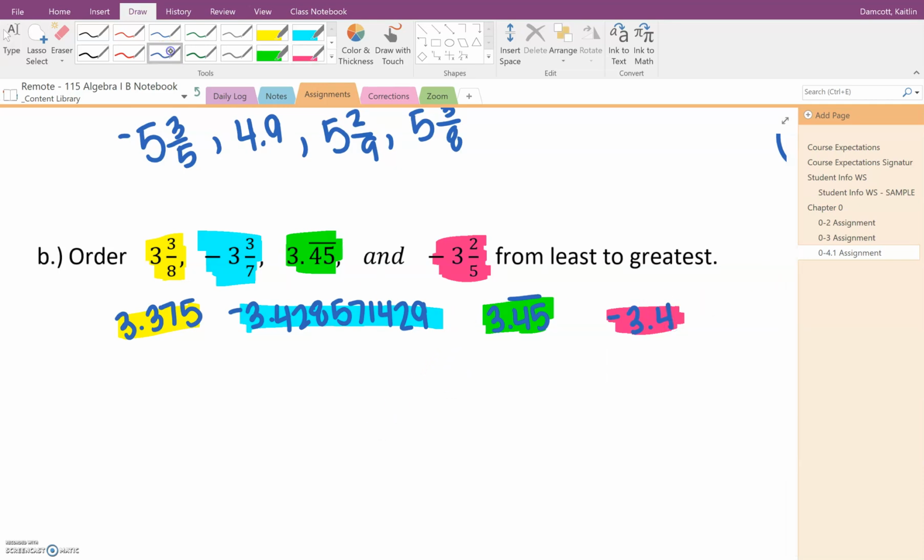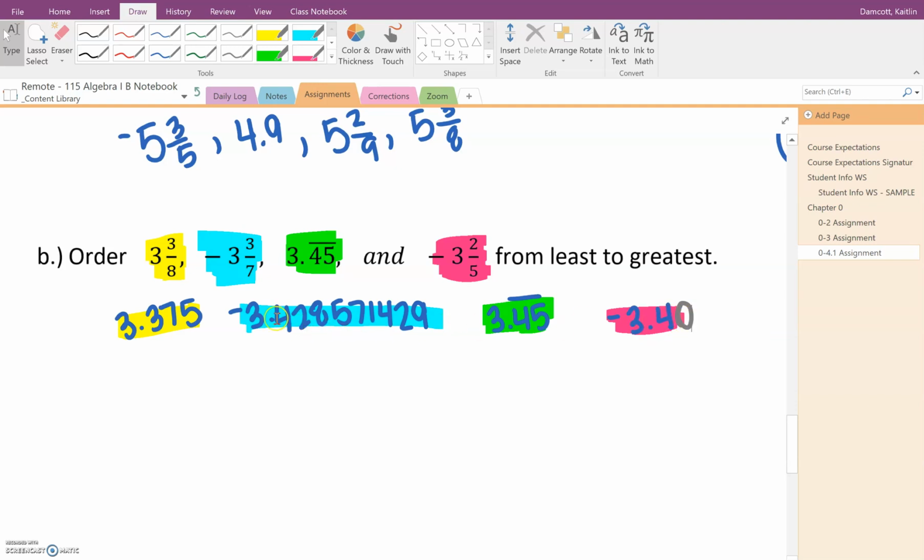Our next step is to rank. So we've got two negative numbers. We've got the -3.4 and the -3.42. Ugh, so the 3's are the same, the 4's are the same, so we have to go to the next place value, which is the hundredths place, but there's no number in the hundredths place. So I'm going to put a phantom 0 to kind of hold that place value. So we're comparing a 0 to a 2.